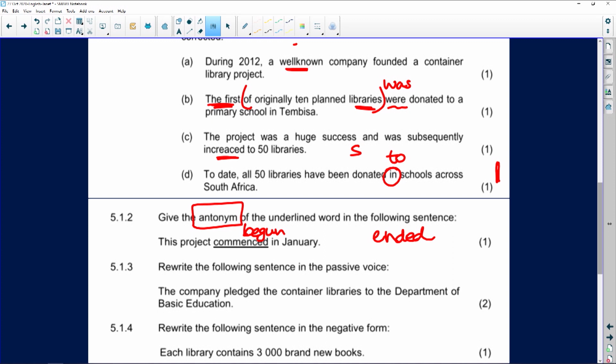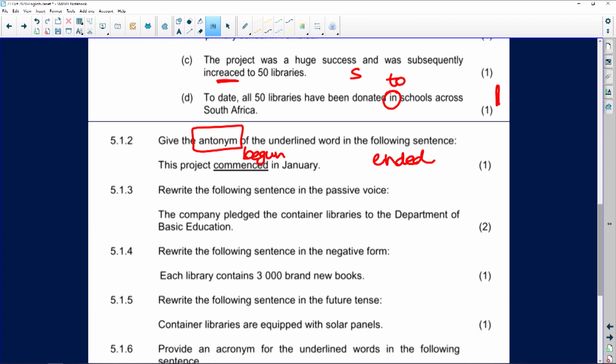Now we come to passive voice. To change a sentence from the active to the passive voice, you need to be able to find the subject, the finite verb, and the object.